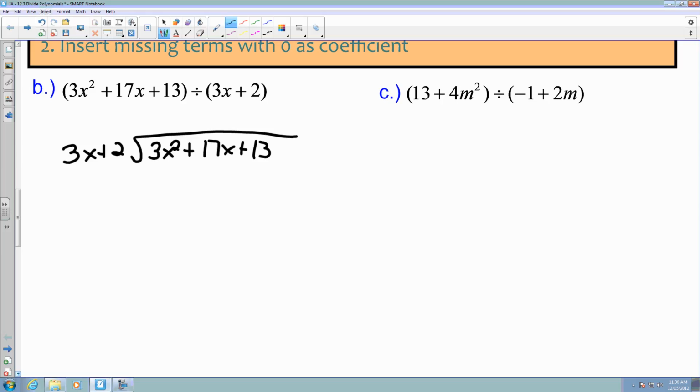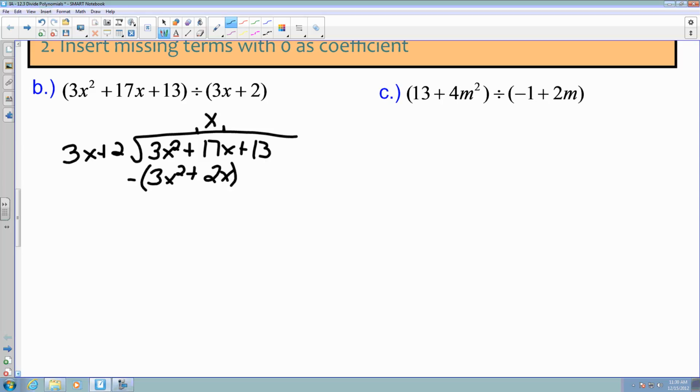Okay, so now since I got 3x plus 2, that means I have to start on this, right next to the 17, somewhere in here. So now I have to find a value that is going to cancel out that 3x squared, and that value happens to be x. Because if I distribute the x out to 3x plus 2, I get 3x squared plus 2x.